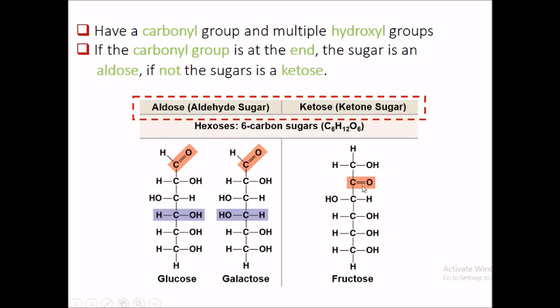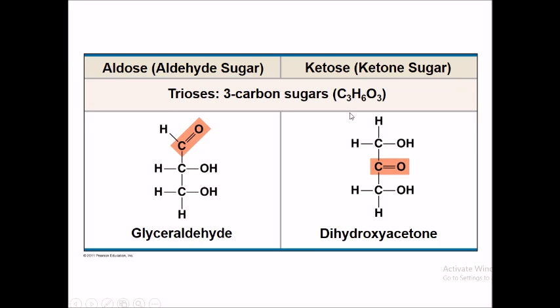If the carbonyl group is located at the end of the carbon skeleton, the monosaccharide is known as an aldose or aldehyde sugar. If the carbonyl group is not at the end of the carbon skeleton, the monosaccharide is known as a ketose or ketone sugar.